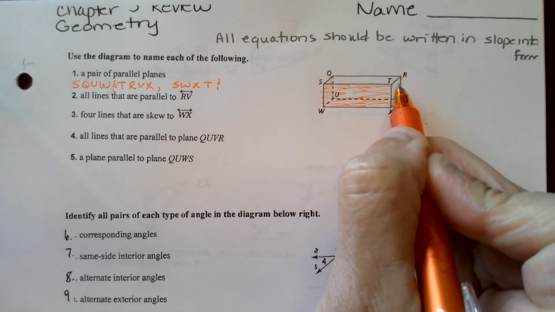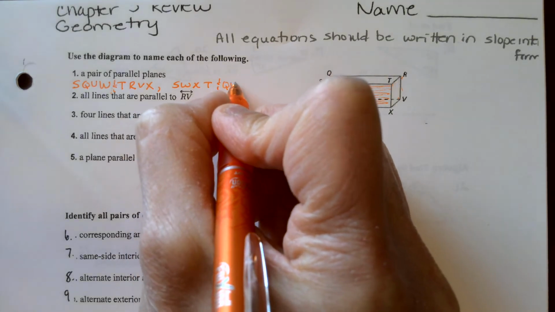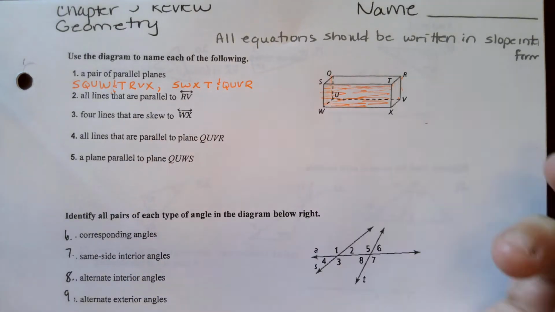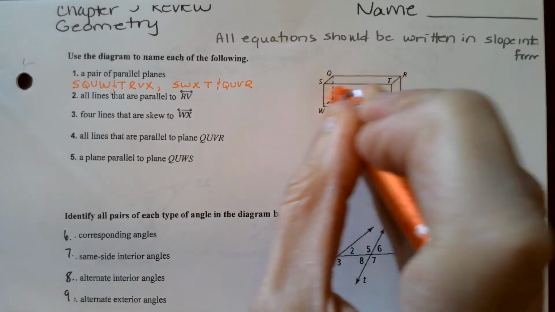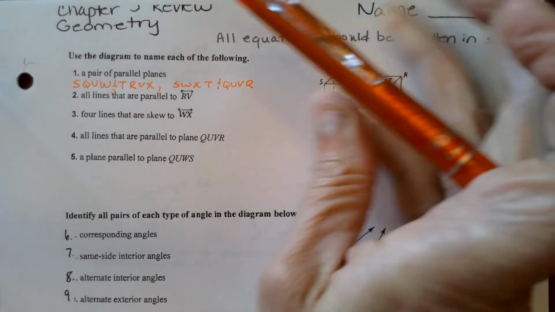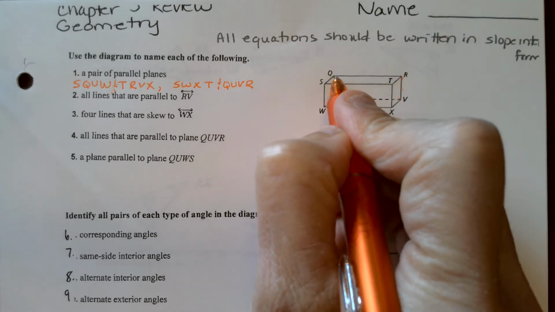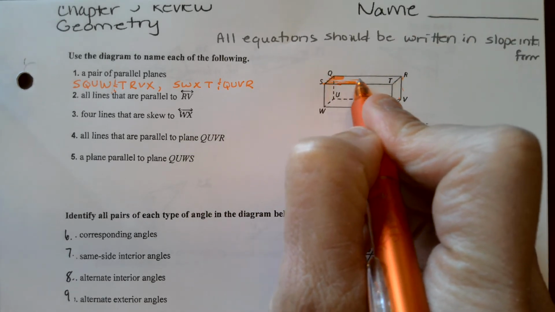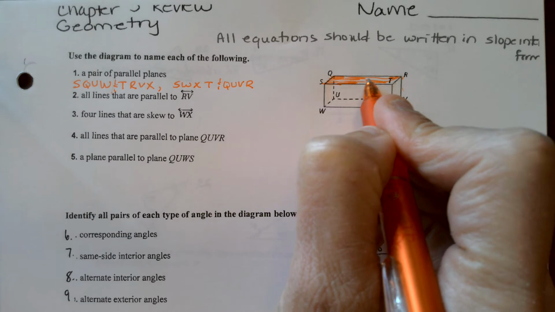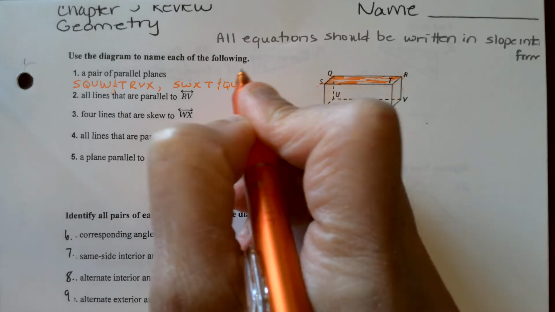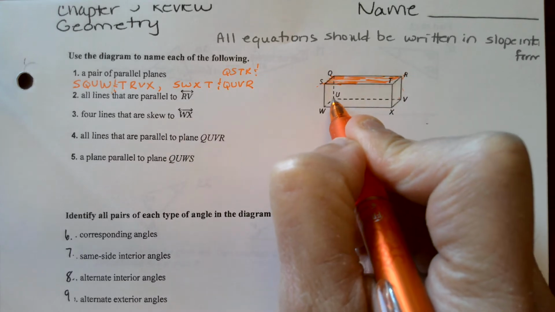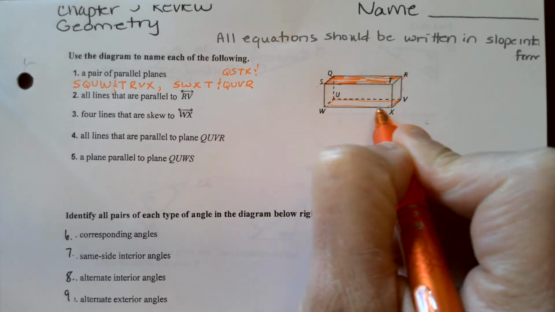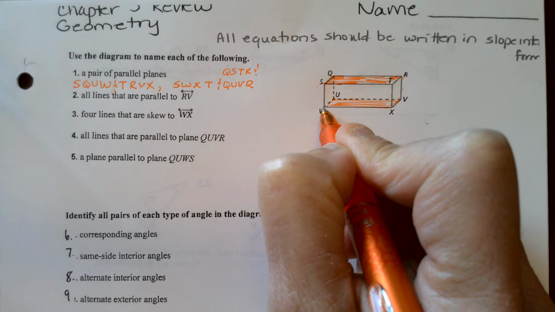Q, U, V, R. Or we can do the top, bottom. Q, S, T, R. And bottom. U, W, X, V.